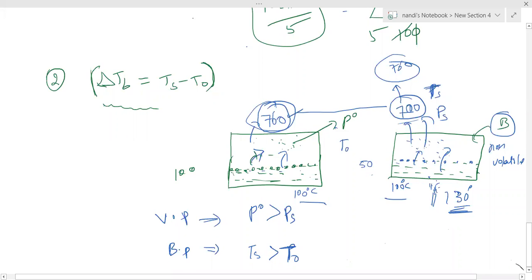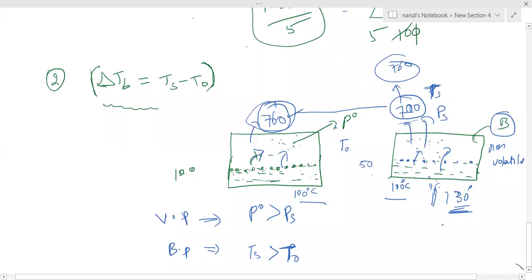The solution has less vapor pressure, so more boiling point. Generally, which one has more boiling point? The one with less vapor pressure. That's a simple point. Already we know they are inversely proportional.